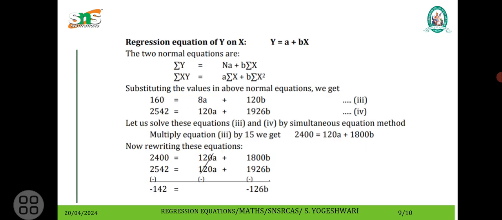Regression equation of y on x. Next problem, regression equation of y on x. The two normal equations are these. Substituting the values in the above normal equations, we get 160 equal to 8a plus 120b.